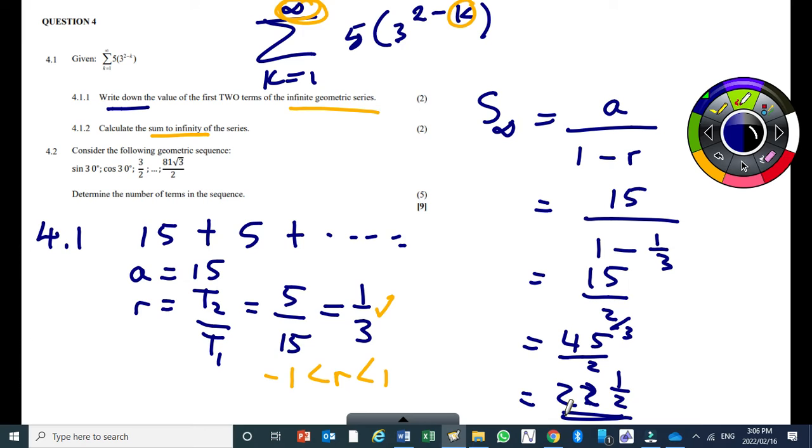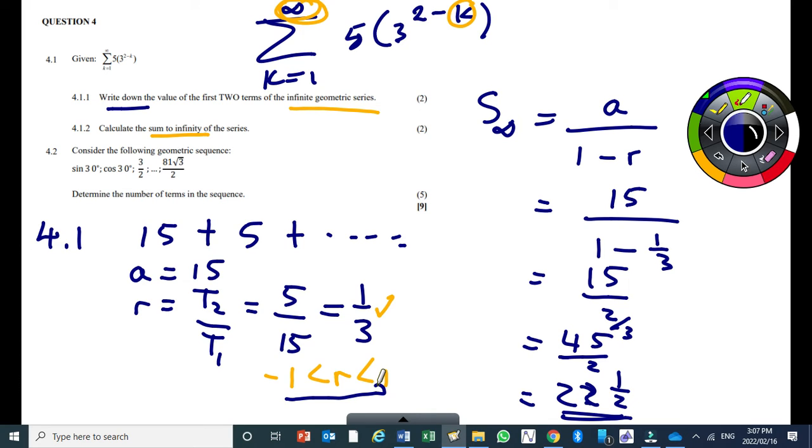So this type of question with sum to infinity comes in many ways. It can come like this, where you're supposed to calculate the sum to infinity. Sometimes you will get a question asking you to find the values of x such that the series is convergent, and you use this inequality. I explained how you substitute into this inequality and simplify.